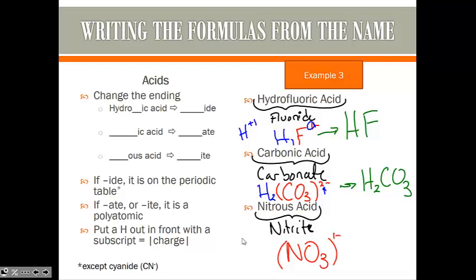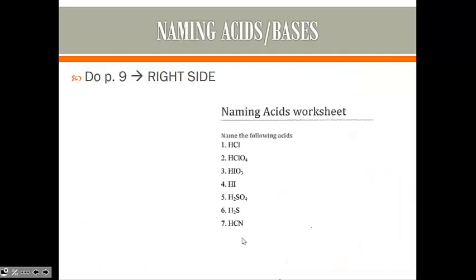Nitrate is NO3 -1, so nitrite must be NO2 with a -1 charge. Again, that 1 tells us we need 1 hydrogen to cancel out that charge, so the formula for nitrous acid would be HNO2.